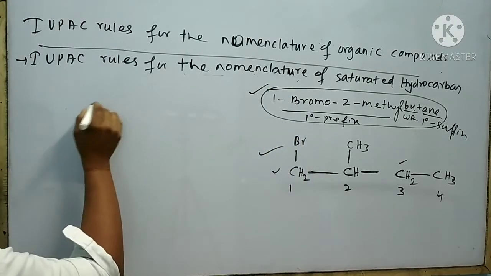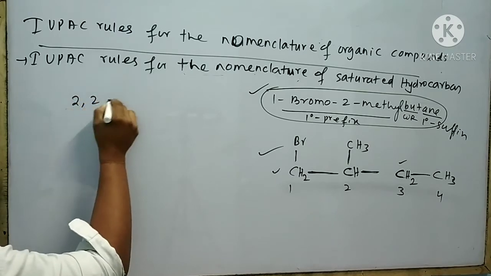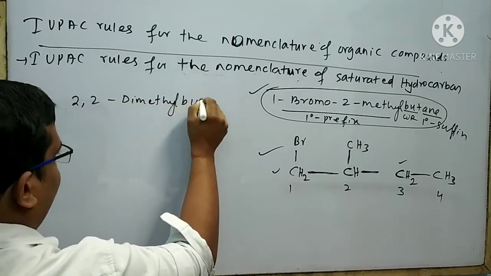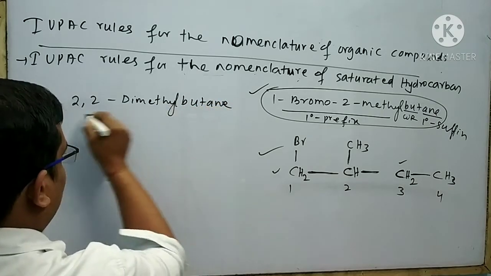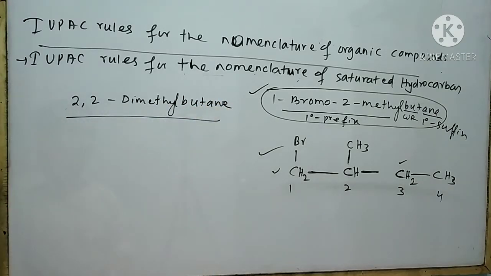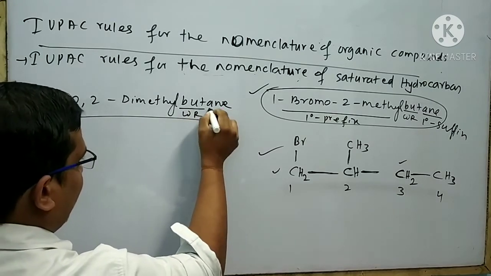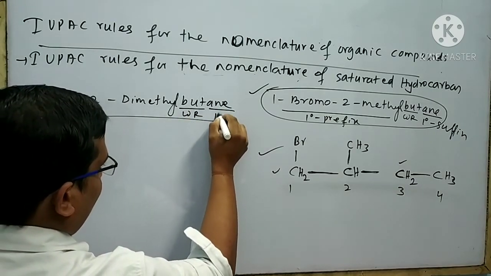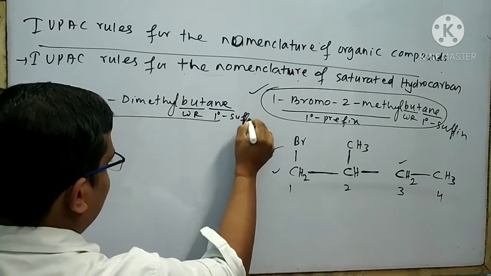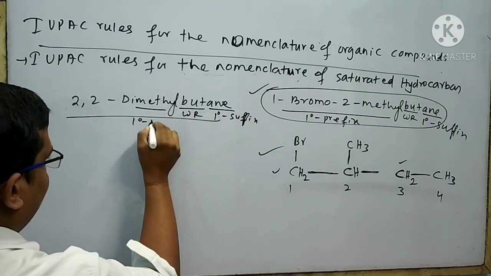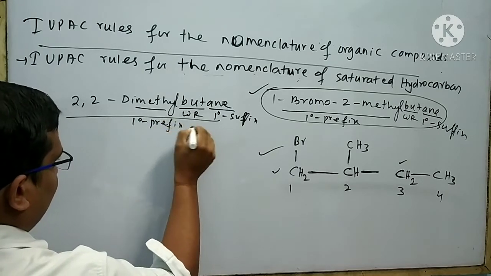Suppose an organic compound having name 2,2-dimethyl butane, then what will be the structure of this organic compound? Look at that, here but is the word root, N is the 1 degree suffix, and methyl is the 1 degree prefix.